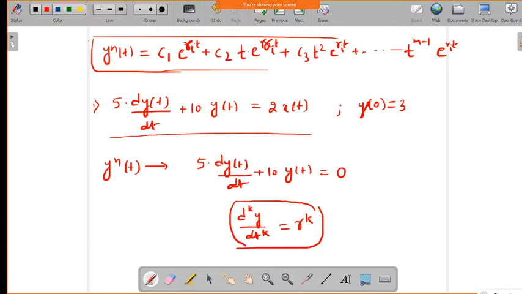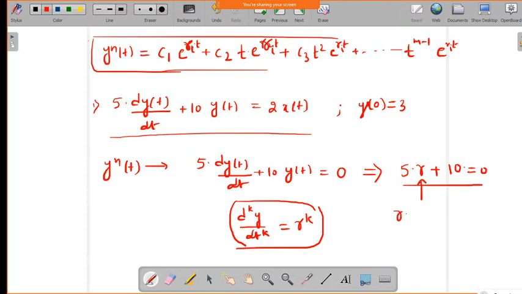Here the power is 1, so that is 5 into r, plus the power 0 term, 10 into r power 0, which is equal to 1, so 5r plus 10 equals 0. This is the characteristic equation, and we have to find the value of r, which is the root of this characteristic equation.